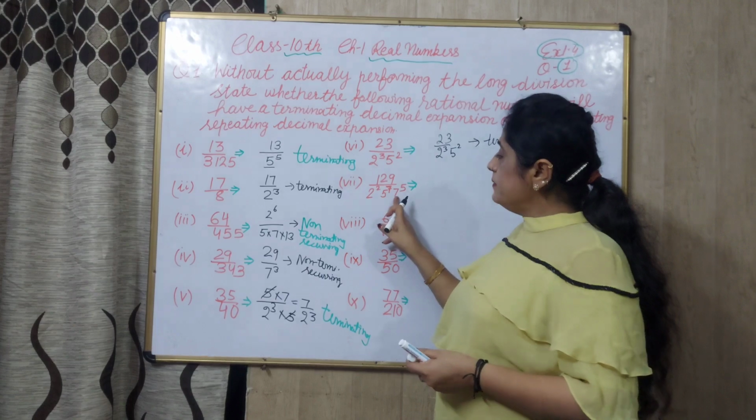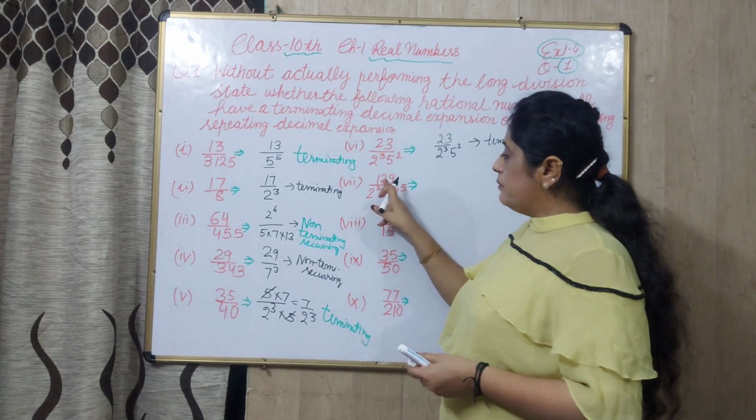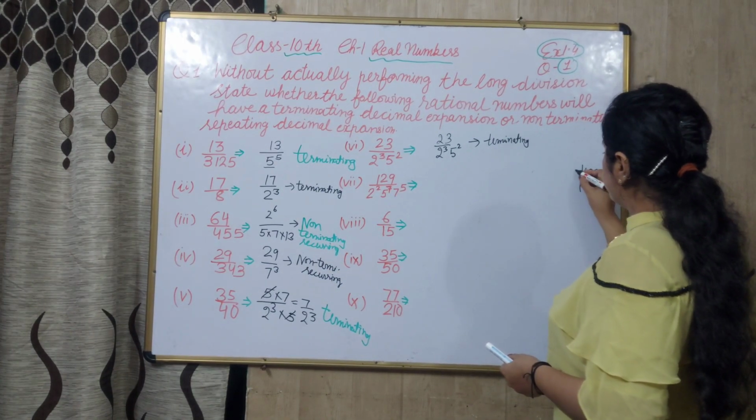Now the next sum is also in 2 power and 5 power, but you can make the factors of 129 because we need co-prime.